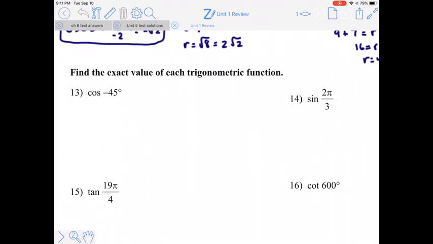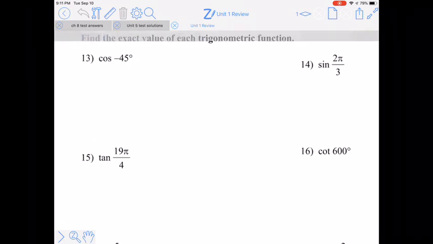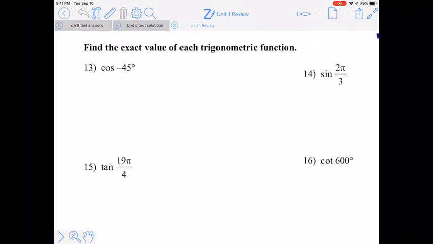Okay, 13 through 18 from section 2.3, evaluating the exact value of a trigonometric function. The way this was presented in 2.3 was to use special triangles, the 30, 60, 90 or the 45, 45, 90 triangles, and reference angles.